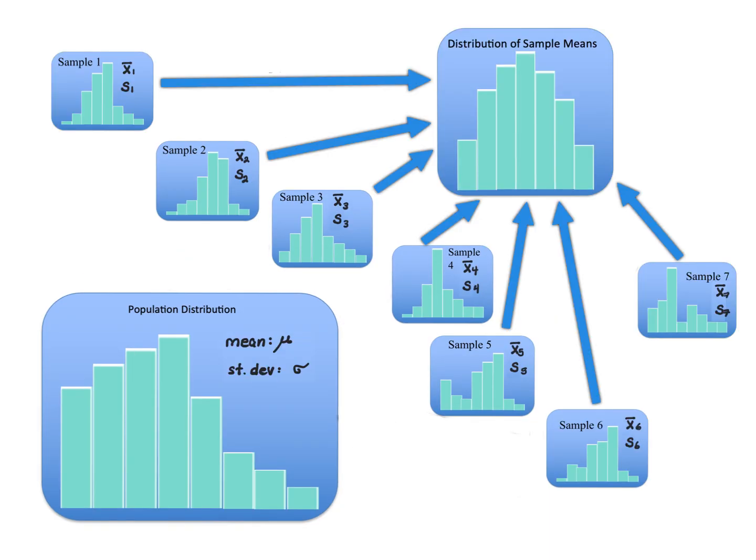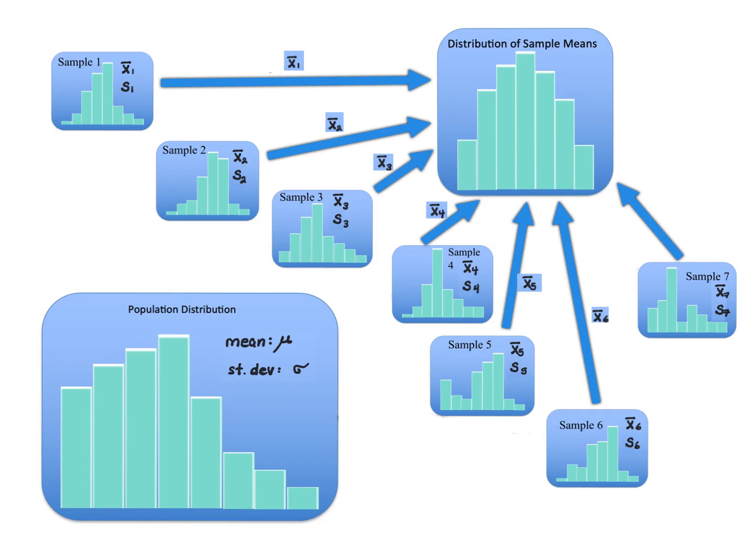Next, we're going to take the mean from each sample and we're going to put them together into another distribution, and this distribution is made up of the mean or average score that we got for each sample. So each mean is taken from the sample and fed into another distribution.